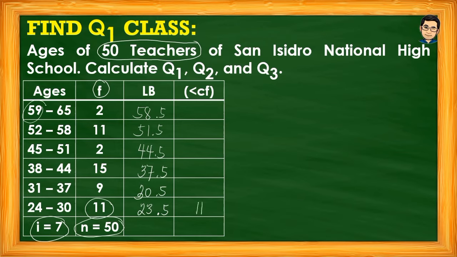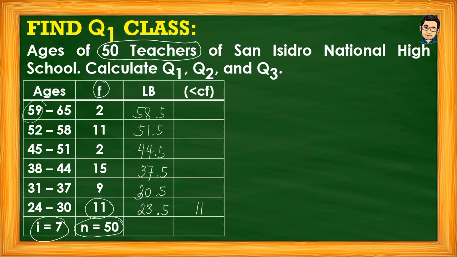And then mag-a-add tayo pataas until such time na ma-reach natin yung 59 to 65. Na kung saan dapat yung last number, yung sum na makukuha natin doon is equal to the total number of frequency, which is 50. Kapag hindi natin nakuha yung 50, it means mali po yung ating sum.